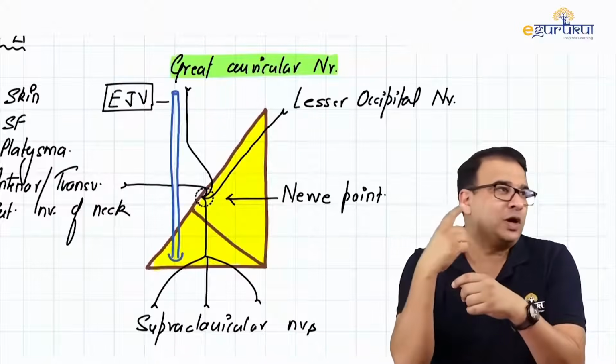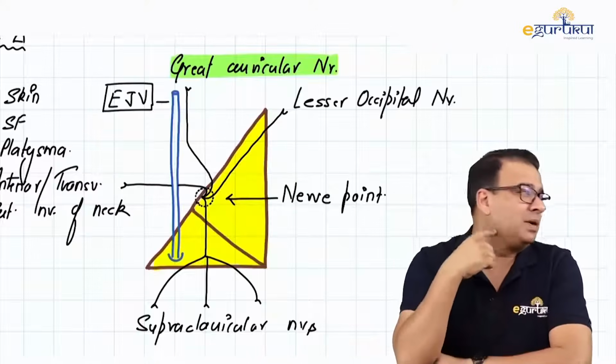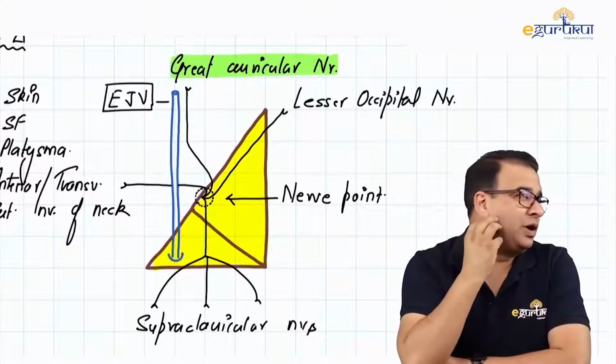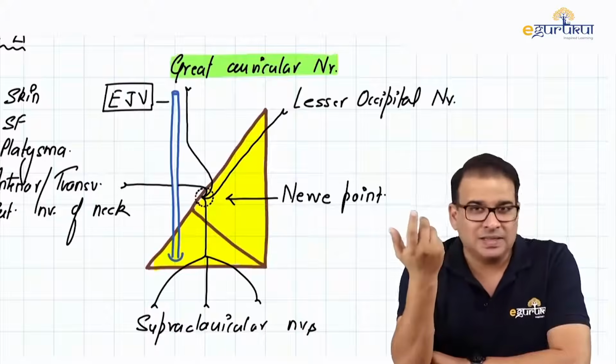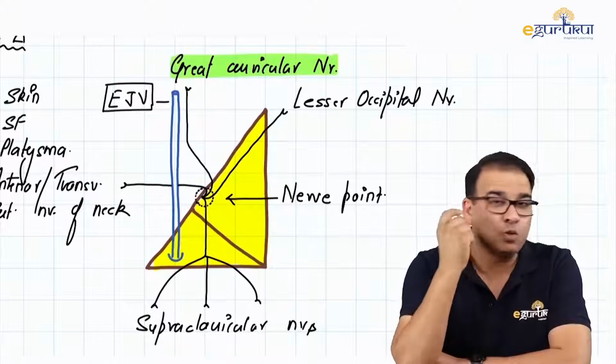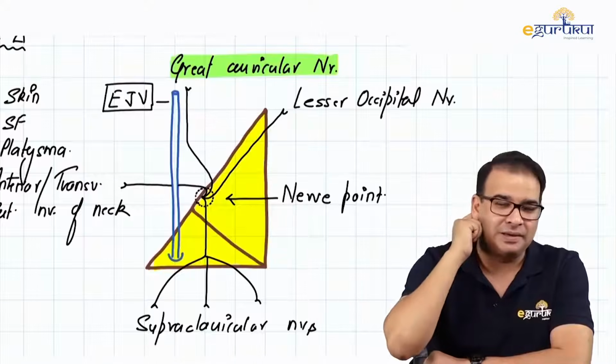If the auriculotemporal nerve joins with the great auricular nerve, then it is going to lead to sweating in this parotid region here. If the auriculotemporal nerve fuses with the lesser occipital nerve, then you might even see patients sweating behind the ear.